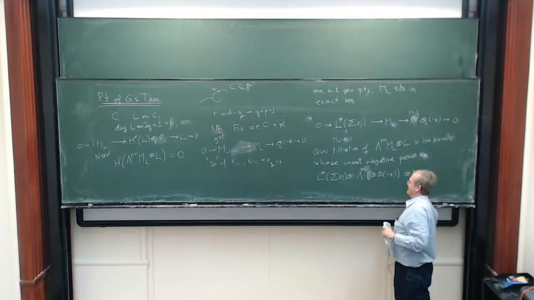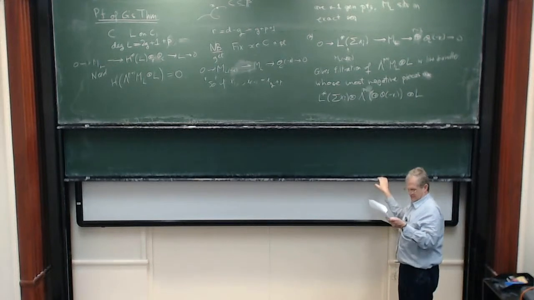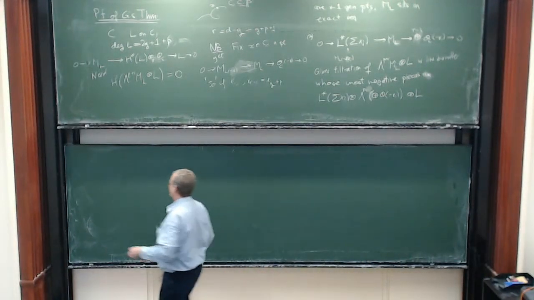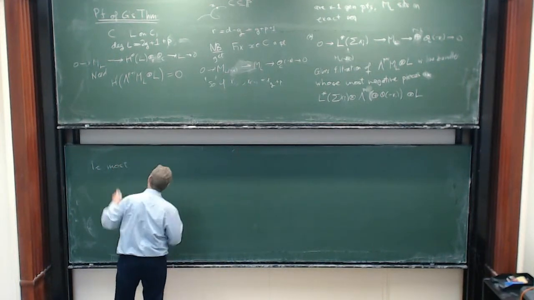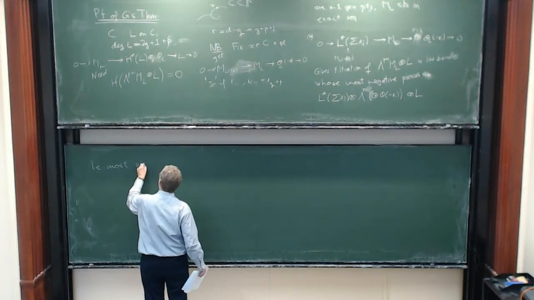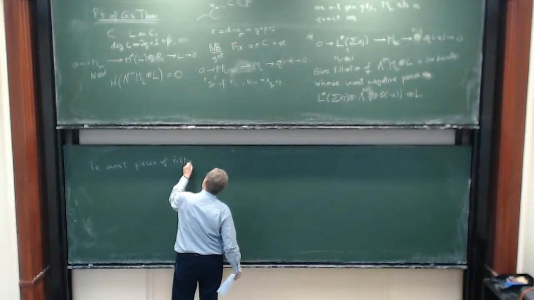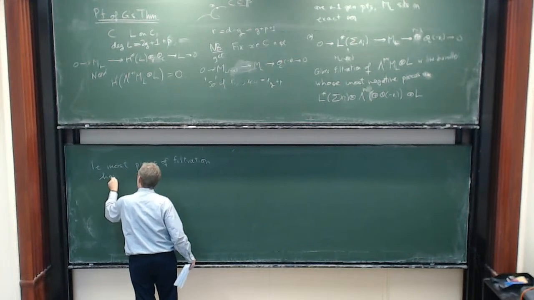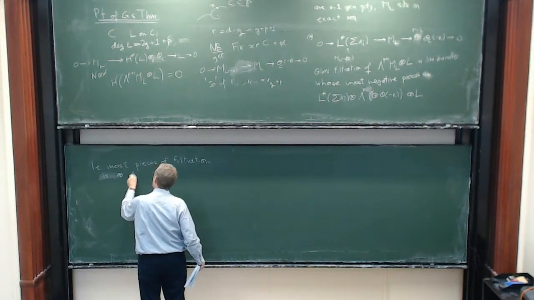So let's simplify that a little bit. In other words, the most negative piece of the filtration, I'm being a little bit vague here, but you can kind of do it for yourself, is a sum of terms of the form.